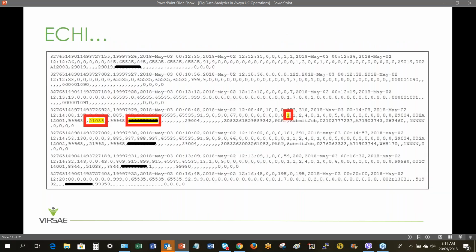Again, within the logs, in this case, the external call history interface that's available in CMS. Again, another real world example. I've blanked out some of the information, but in the ECH log there, we can see the agent ID.